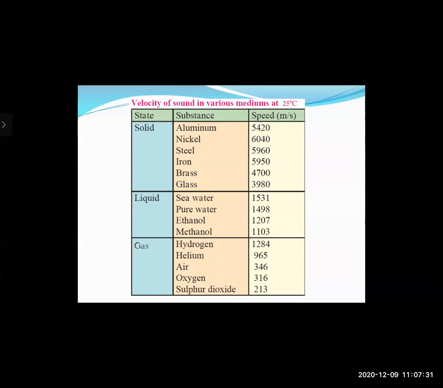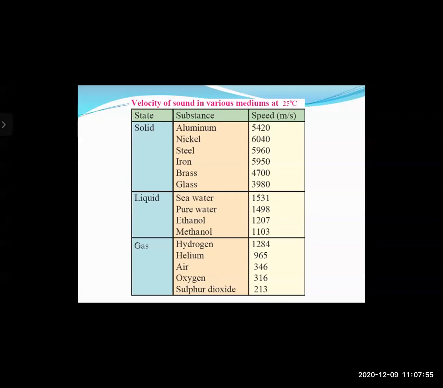In air, which is a mixture of different gases, it is 346 meters per second. You need to remember that with different temperatures of the gases, liquids and solids, and also with changes in density, the velocity of the sound will change. These are certain examples that you need to go through once.